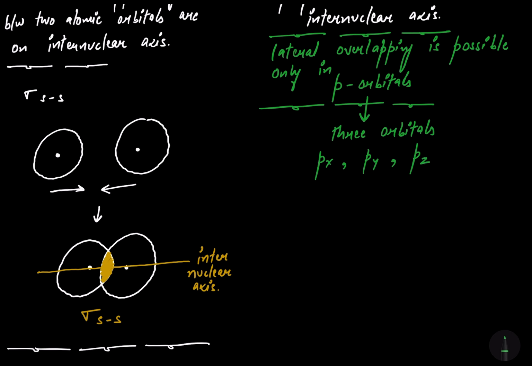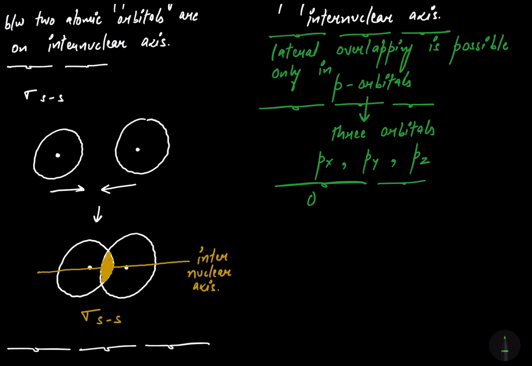Now, for the formation of pi bond, there must be one sigma bond in the 3 orbitals, and it's a very important point. That means out of the 3 orbitals of the p subshell, one must form sigma bond, only then other 2 will form the pi bonds.